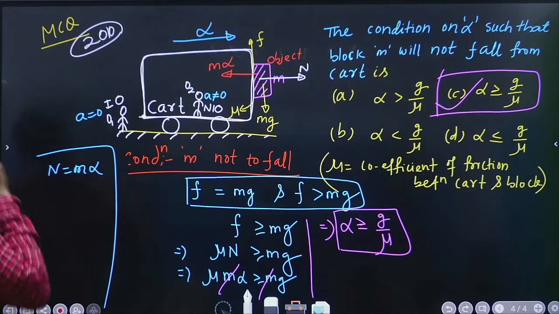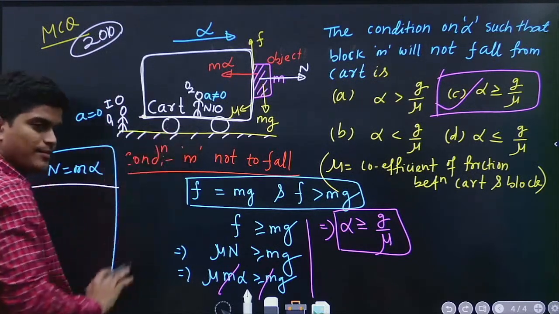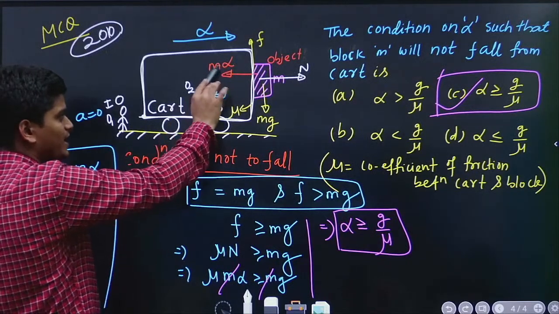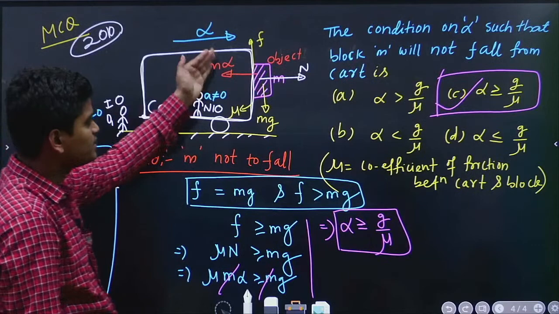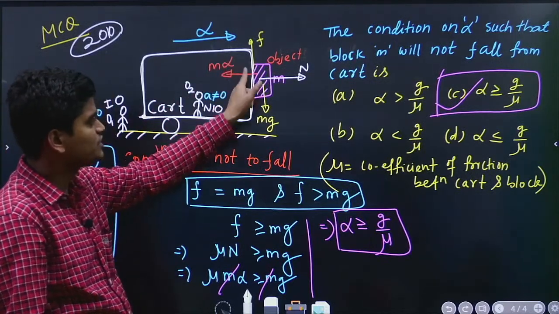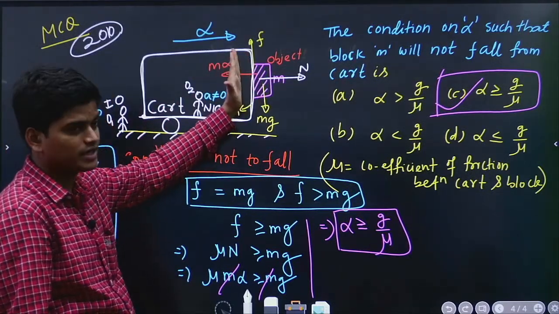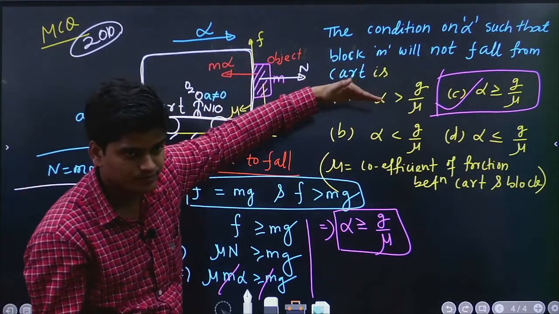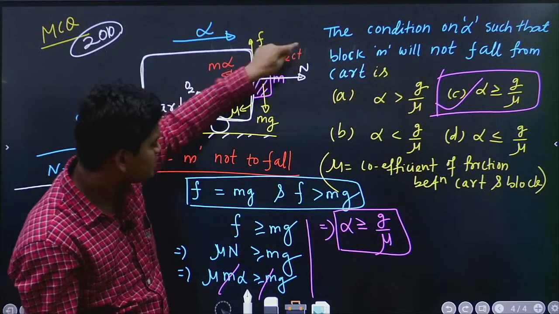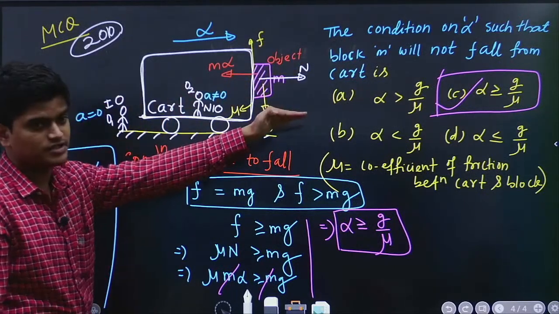Now listen, with respect to observer 1, the same thing will come, but remember here there is no need to write m alpha. See, for observer 1, the contact surface between the car and the block gives a normal reaction this way, right? This normal reaction is responsible for motion in this direction, right?